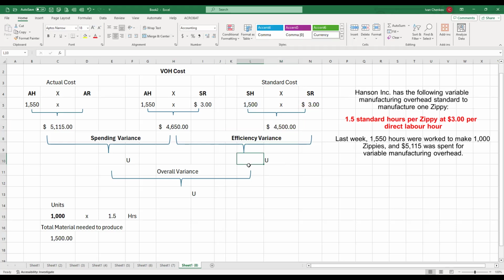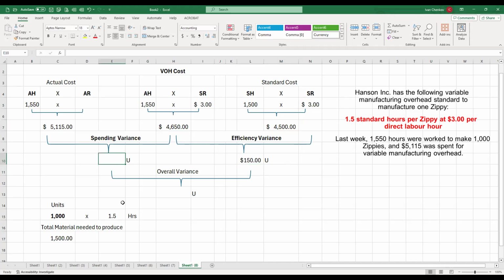So where are we on efficiency? Efficient or inefficient? Inefficient, $150. Why? Because we have an increase of 50 on the actual hours, times $3, $150.